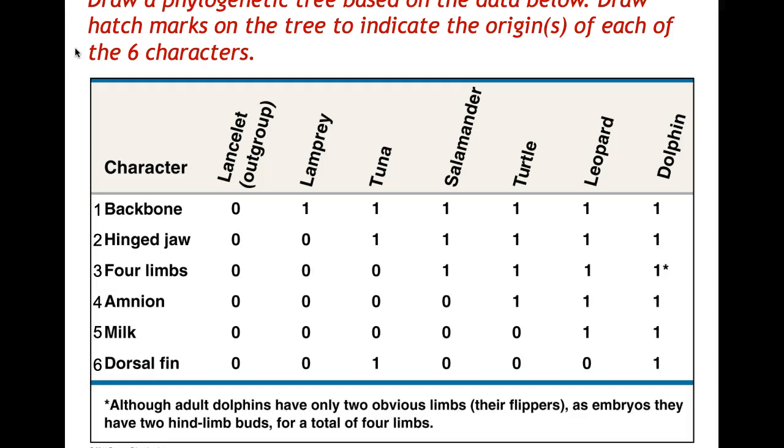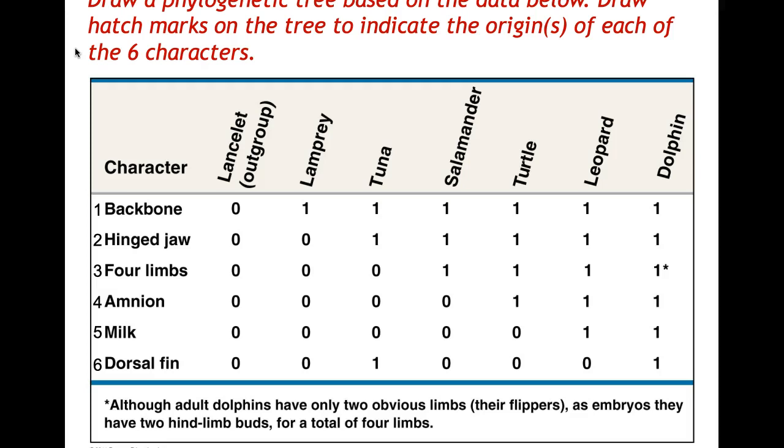So I thought on the next slide we were going to be making a cladogram, but we are in fact making a phylogenetic tree. So now, based on this table, which is already organized with the characters listed on the left and then the organisms, including that outgroup, listed across the top, moving towards the right in the dolphin, make a phylogenetic tree similar to the last slide.